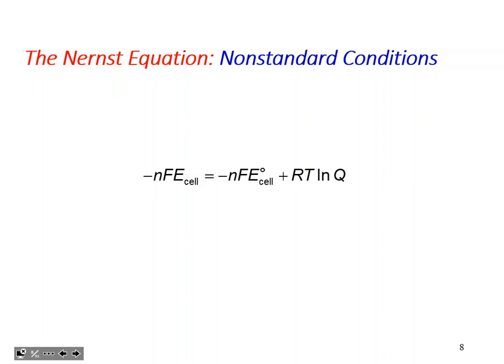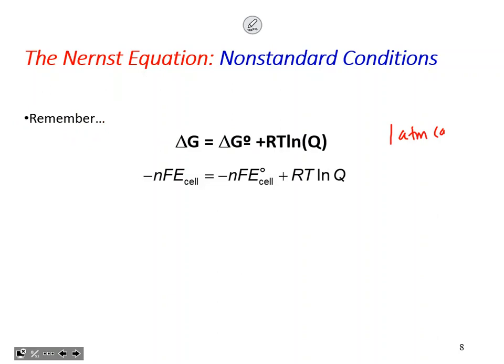Now, going to go over the Nernst equation and non-standard conditions. As stated before, standard conditions are 1 atmosphere for gases, 1 molar for aqueous solutions, and 25 degrees Celsius. So what we can do here is use the non-standard delta G equation to derive the Nernst equation.